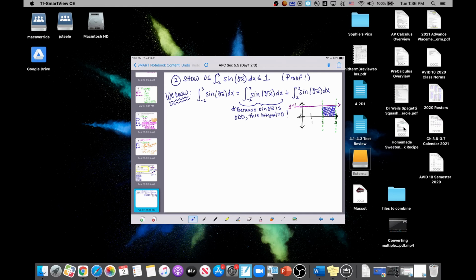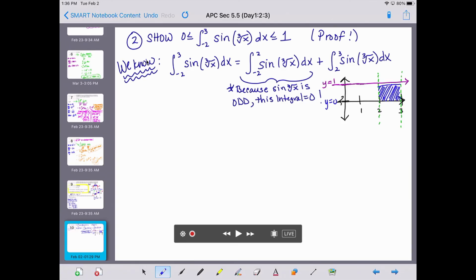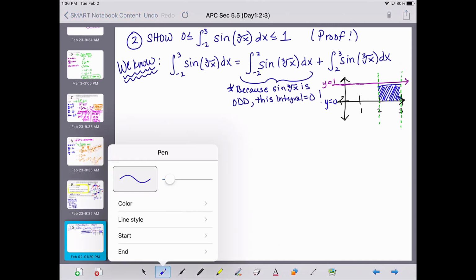So if this right here is y equals 0 and the purple line is y equals 1, I think we can safely say that the sine of the cube root of x has to be a number less than 1, right? So here's what I'm going to call my step A when I write it down.